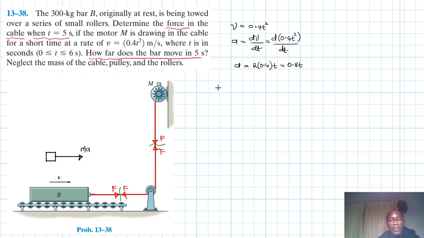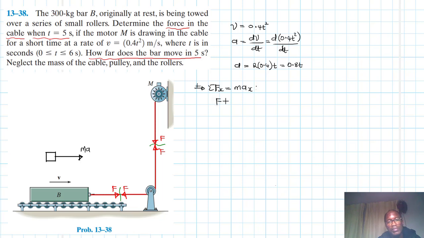So applying the equation of motion, the summation of forces in the x direction is equal to m a_x, with this direction being our reference positive.